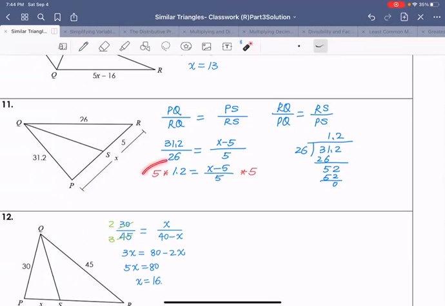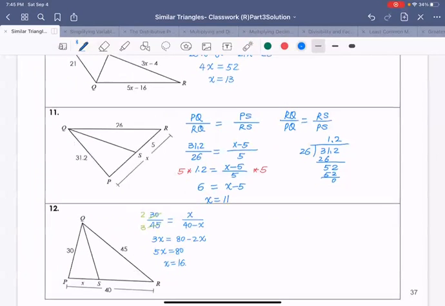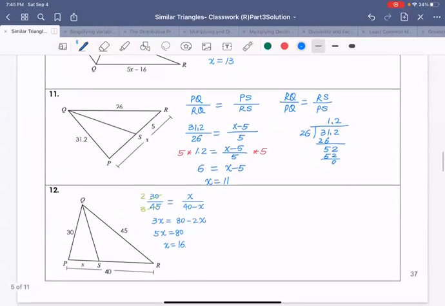So how much is this? 6. Yes, equals to X minus 5. There you go. X equals 11. Thank you. Okay. Does this make sense to you now? Yeah. Okay.